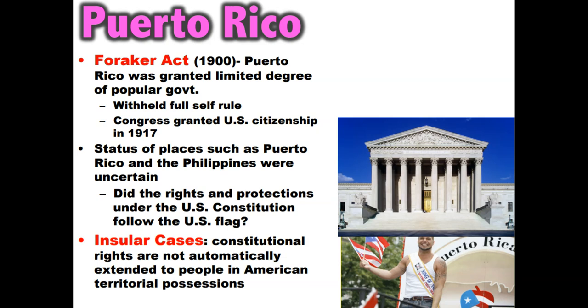One of the questions was, did the rights and protections under the U.S. Constitution follow the U.S. flag? Apparently, the court said that constitutional rights are not automatically extended to people in American territorial possessions. So some people agree with this decision, other people don't. They feel that it was very unfair.